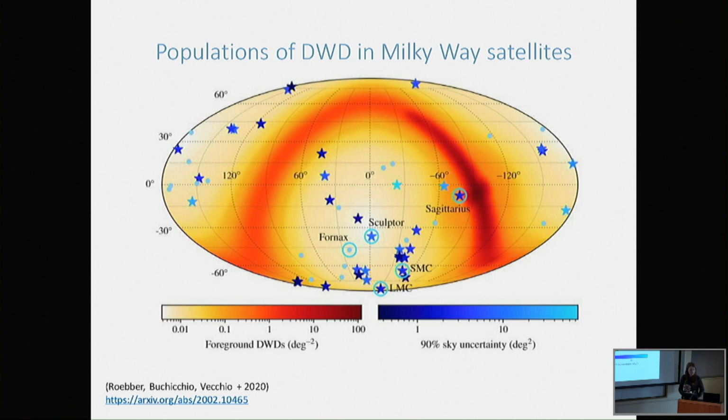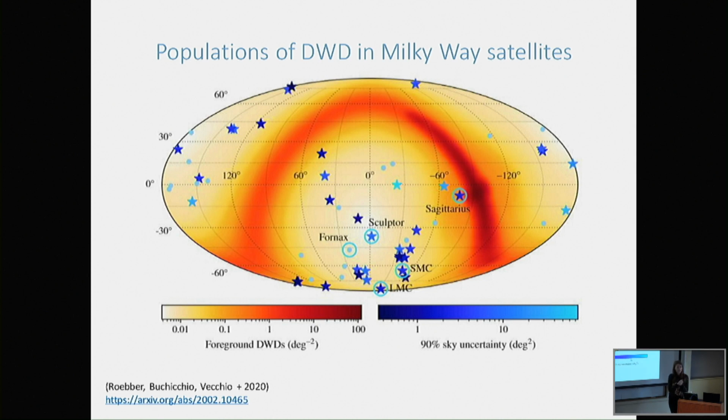This is a great talk. Many questions. What if they extend the LISA lifetime to double it or 10 times? Would you gain a lot extra because you extend to the lower frequencies, and then more white dwarfs there? Yeah, the major gain will be more detections at the low frequencies, and this is because of the previous question.